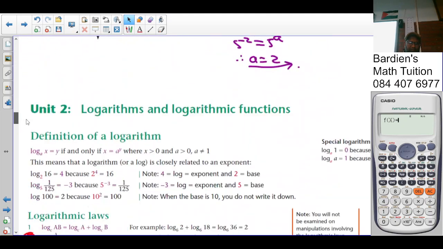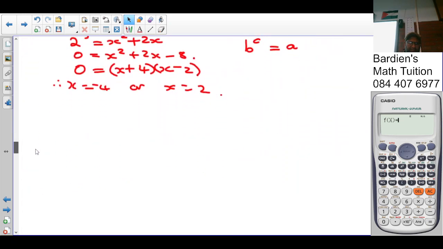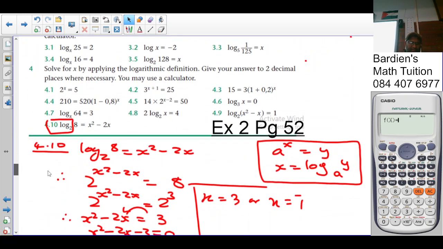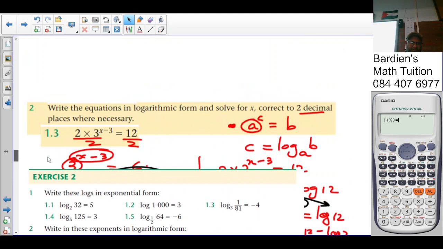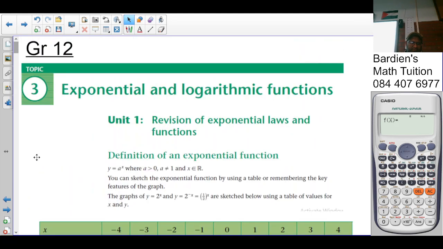Okay, I gave you homework. You had exercise 3. Nope, this is exponents, so it's at the bottom of the page.